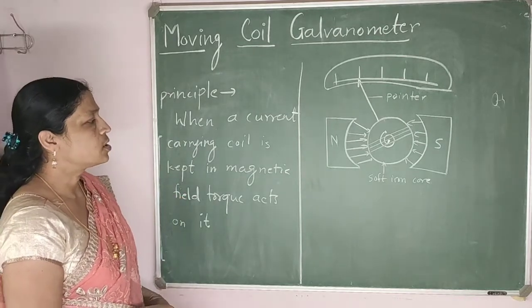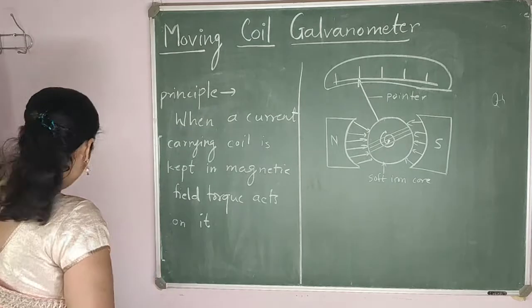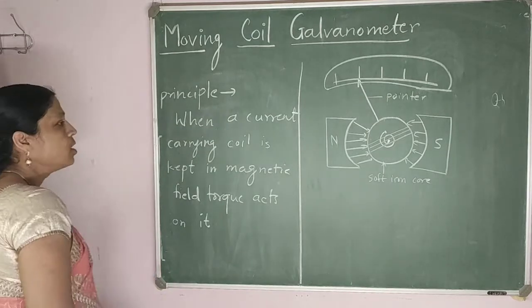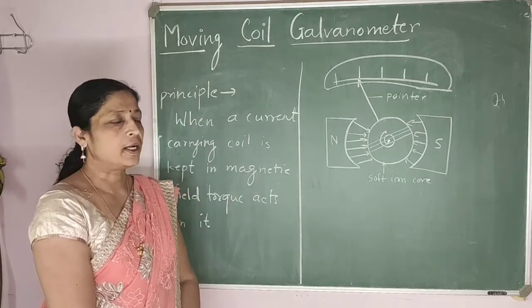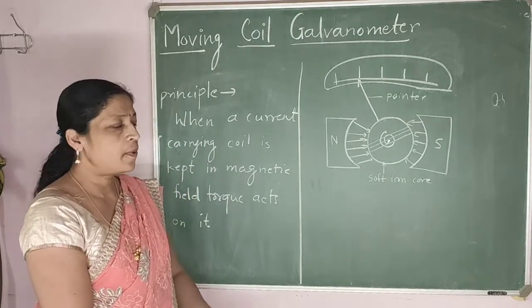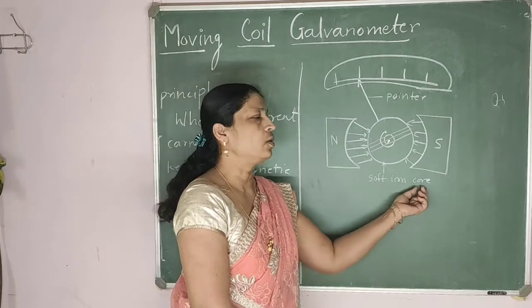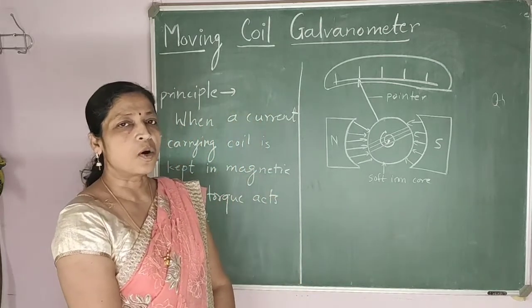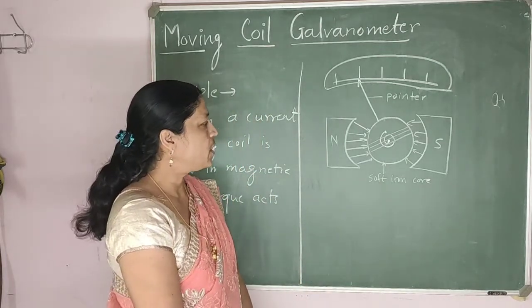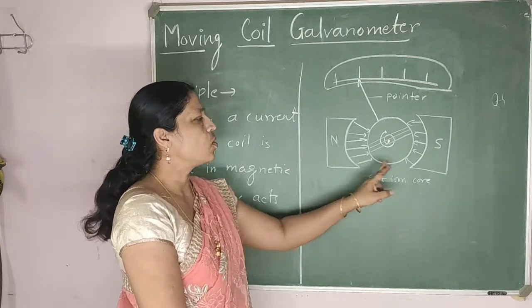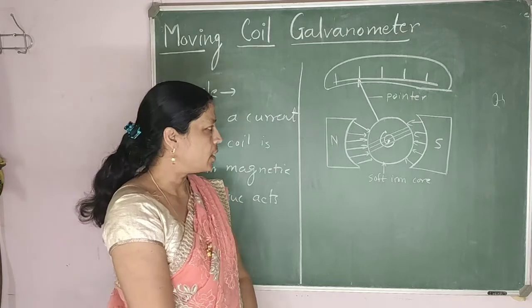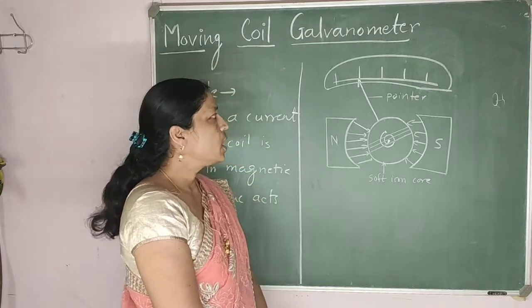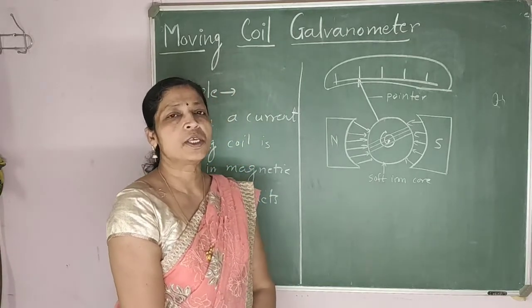So what is the construction of this moving coil galvanometer? In moving coil galvanometer, we have a rectangular coil which is wrapped on a soft iron core, and it is placed between the pole pieces of the permanent magnet. The rectangular coil is free to rotate about its axis.